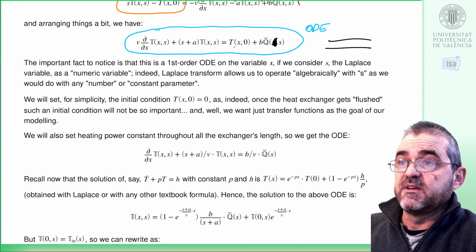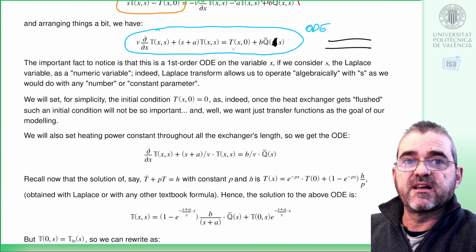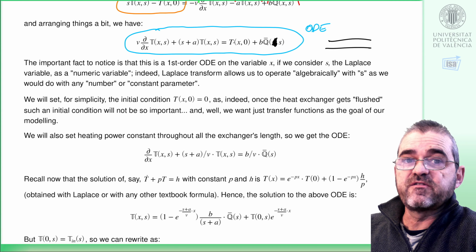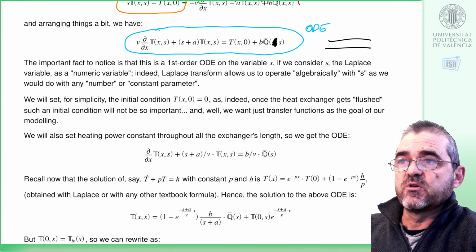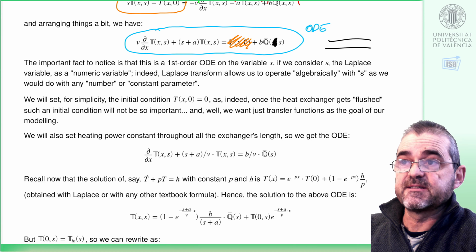As my goal is just obtaining transfer function representations, because that's what control people are used to, then transfer function representation doesn't need to worry about initial conditions. So I'll set this to 0, again for simplicity.